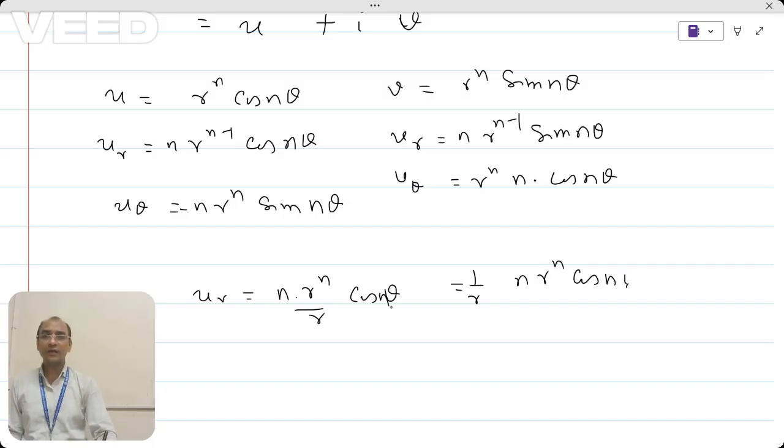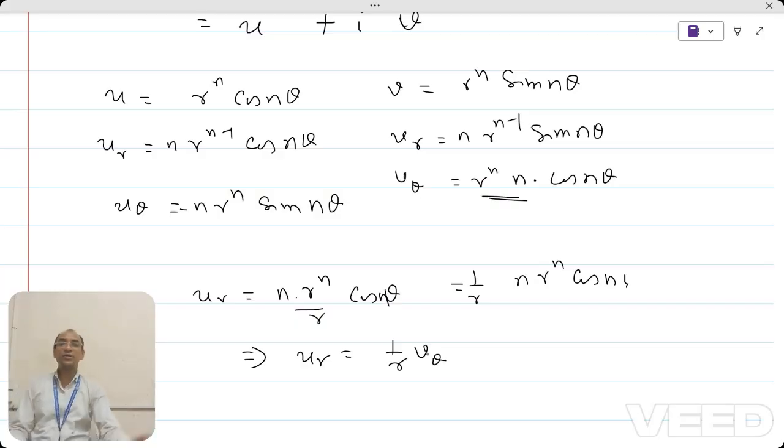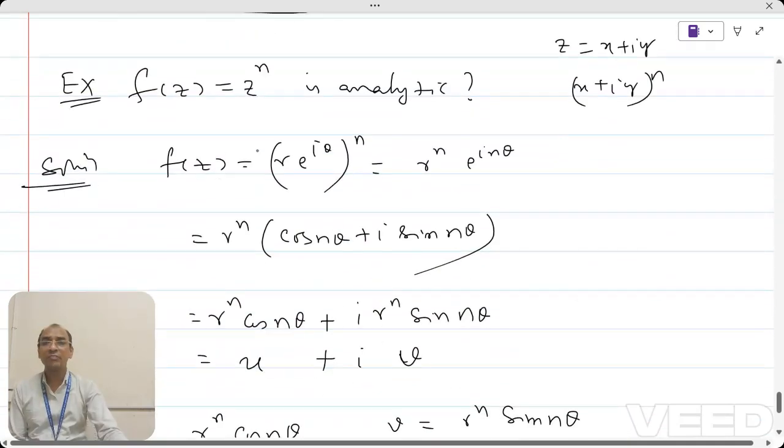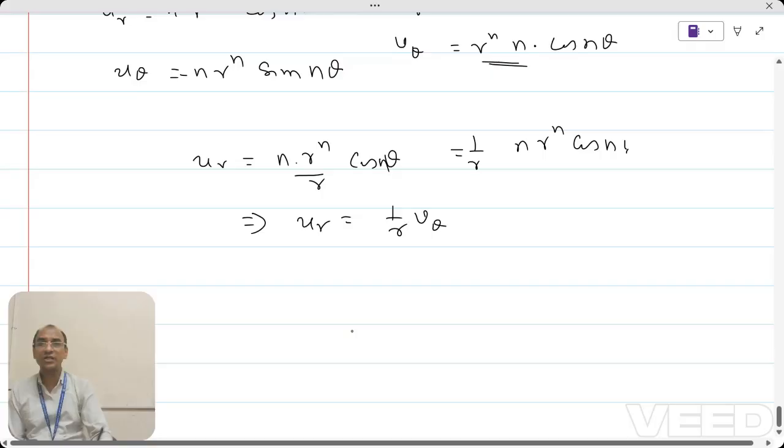But n into r to the power n cos n theta is nothing but v theta. So we are getting u r equal to 1 by r v theta. So the first condition is satisfied. Now whether the second condition is satisfied or not.